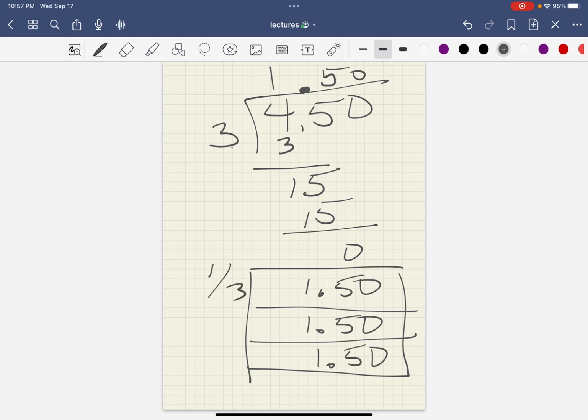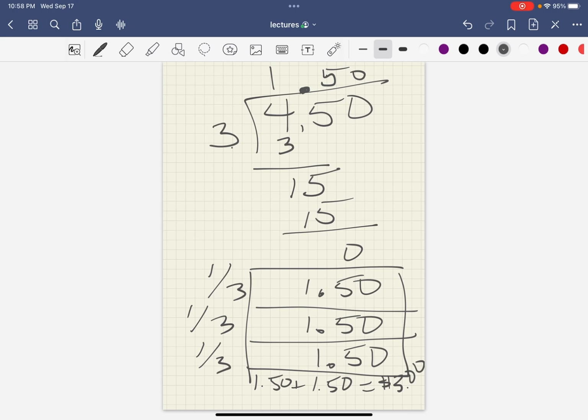It's 1/3, that's a third, that's a third. And it's asking for how much is 2/3 of $4.50, so we'd add $1.50 plus $1.50, which is $3.